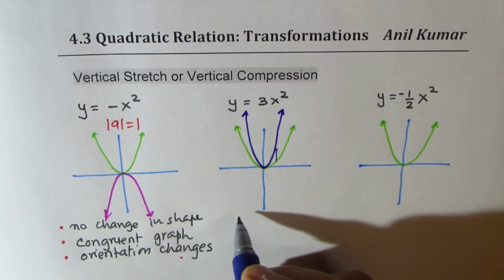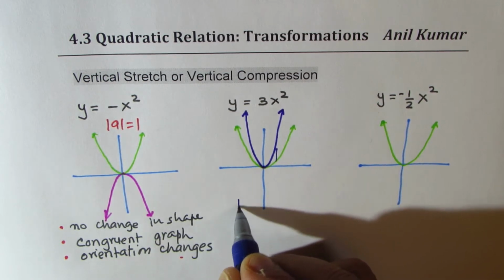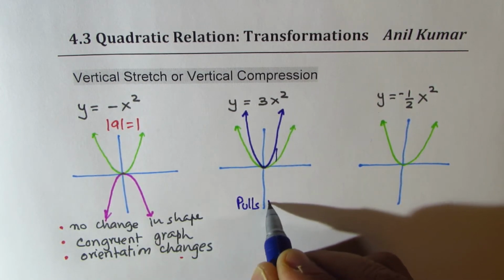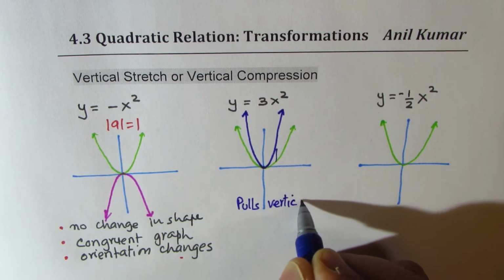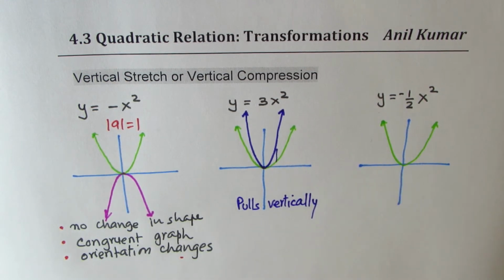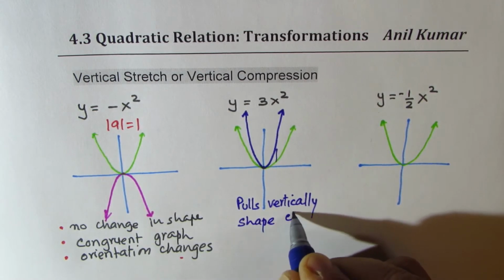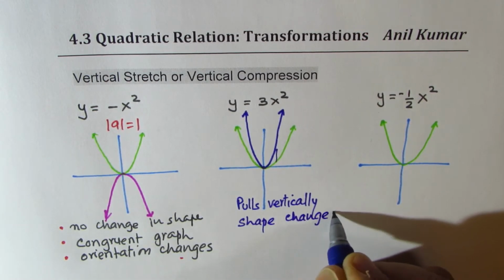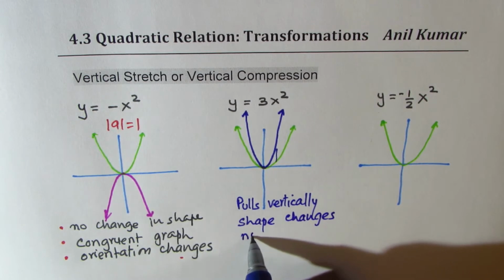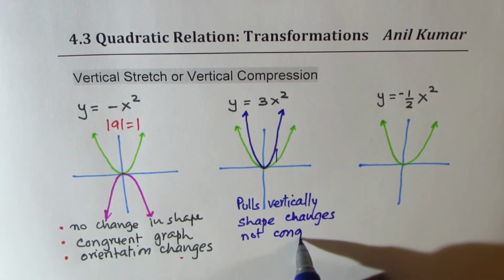So here you can see it pulls up, right? Shape changes. That means it is no more congruent, not congruent.